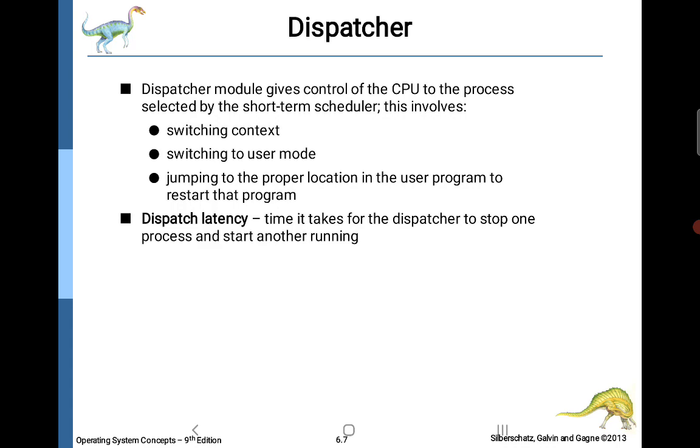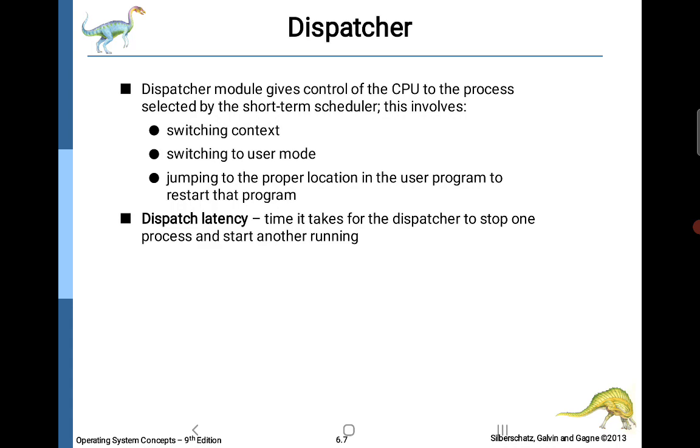Another part of the operating system that we call the dispatcher will pack the process that was in the CPU, store all its information in its process control block, and unpack the new process, get all the information from the process control block and load it into the CPU. This we call context switching, where we switch the context of the CPU.